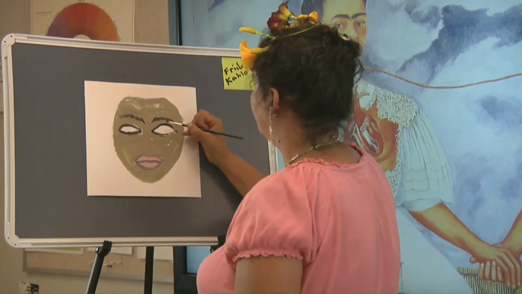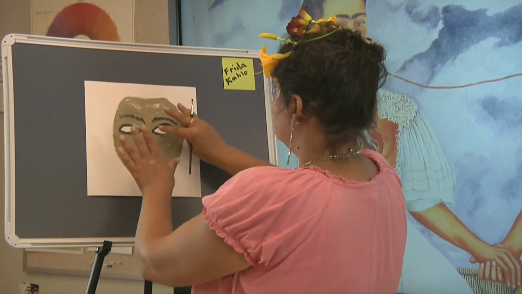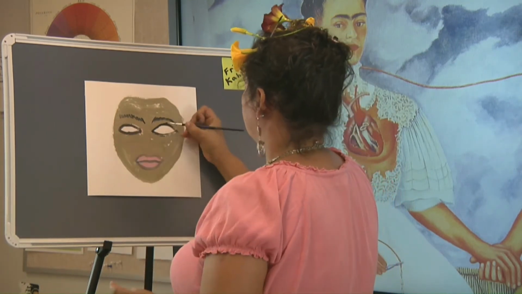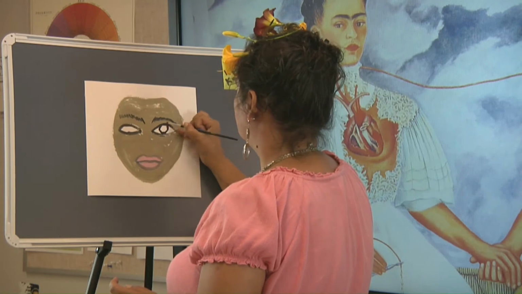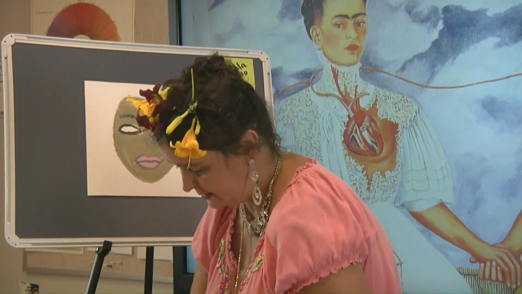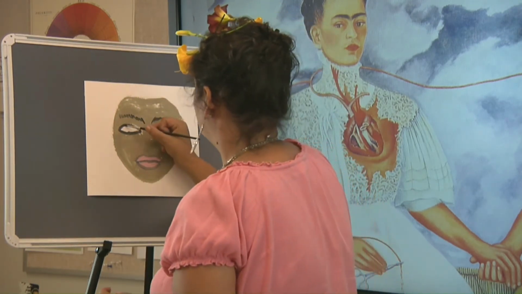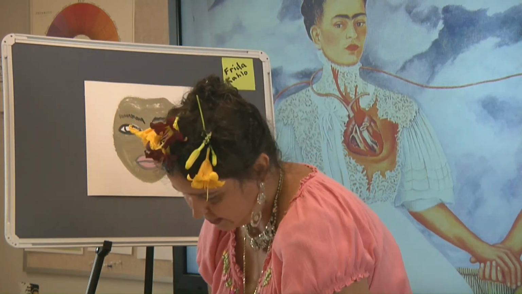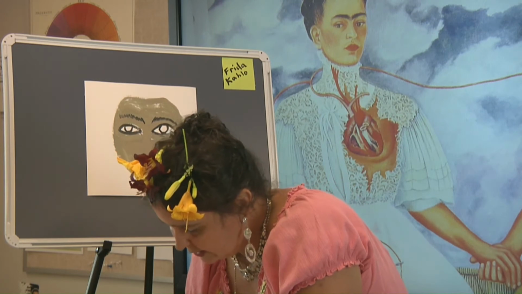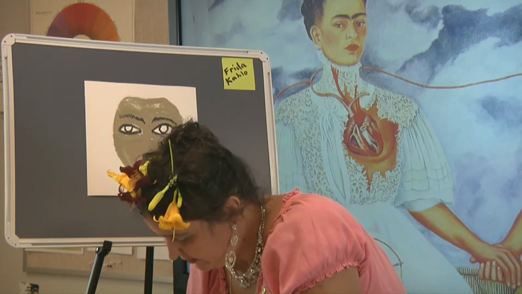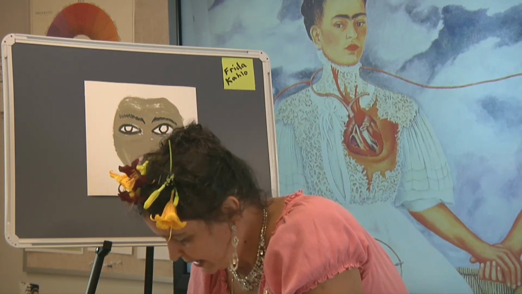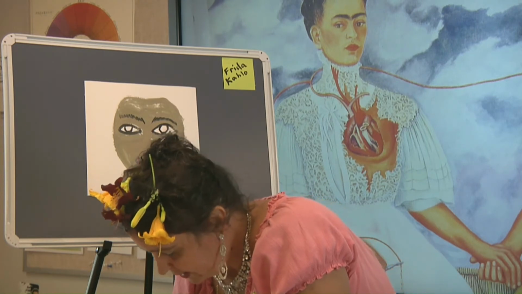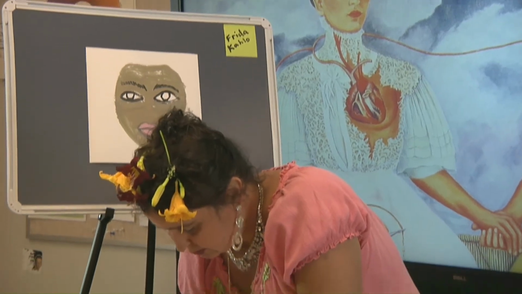To make the eyes, you make the ovals, and then you put an iris in. My eyes are brown, so I will use a little bit of the ochre with some black and a little bit of red and green to make brown.